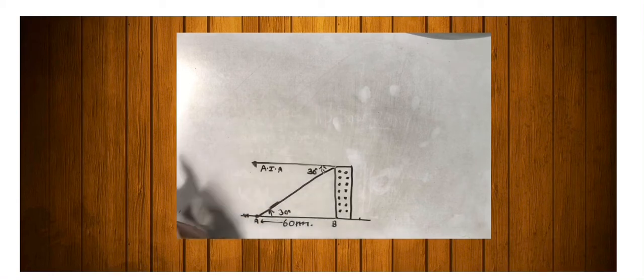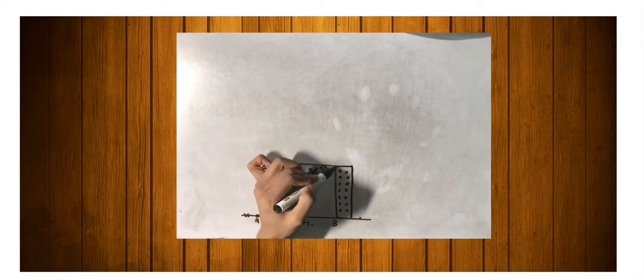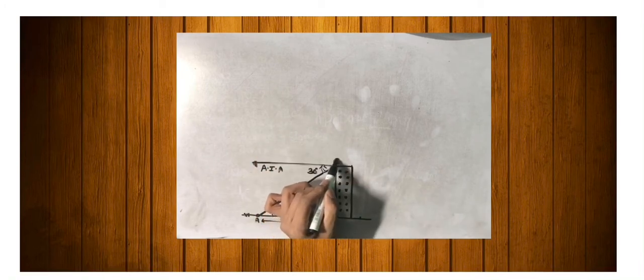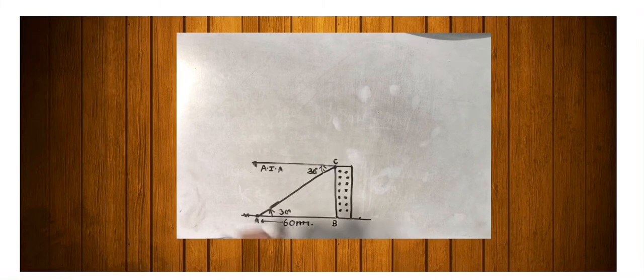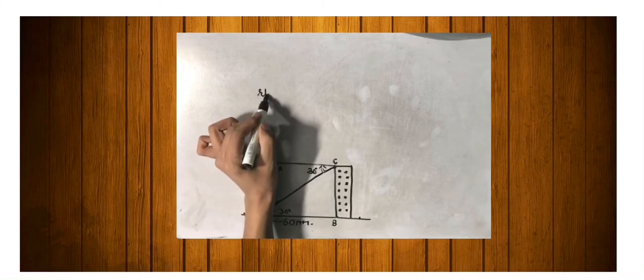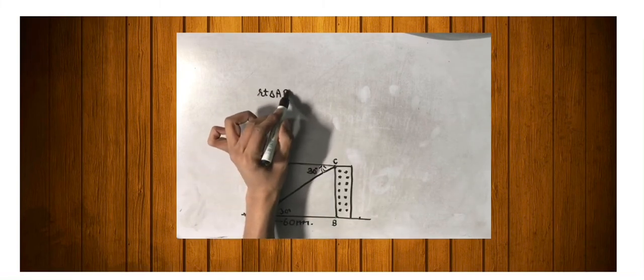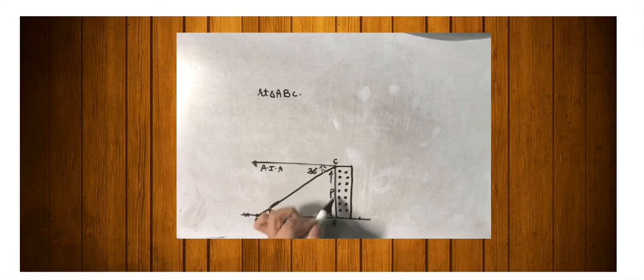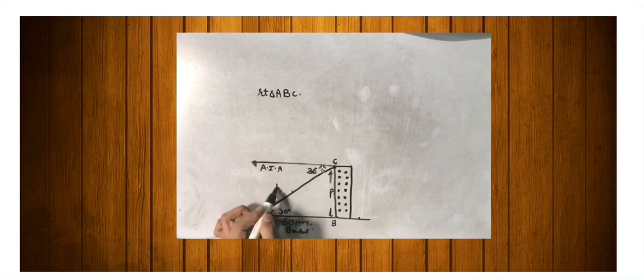Now let's start the question. First of all, we assume this point as C to make the calculations easier. Now we have got the right triangle ABC. In this right angle triangle, since this is theta, here will be our base adjacent to it, this will be the perpendicular opposite to it, and this will be the hypotenuse.